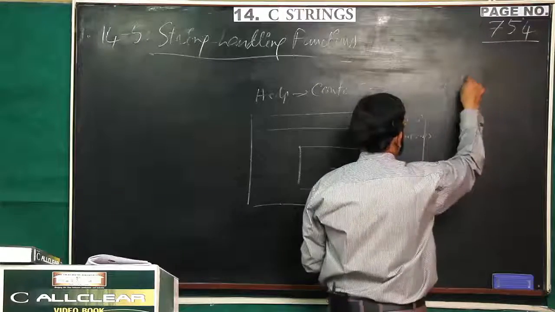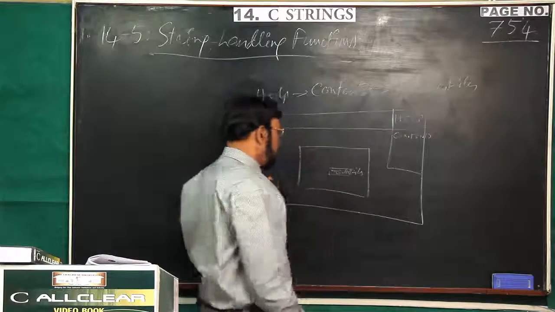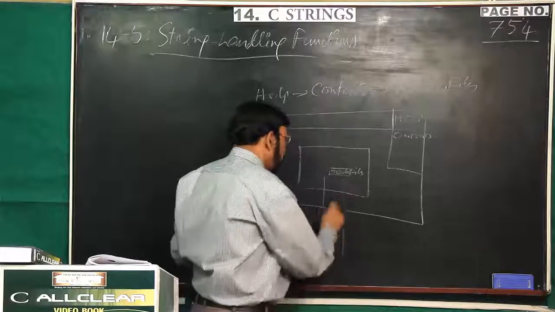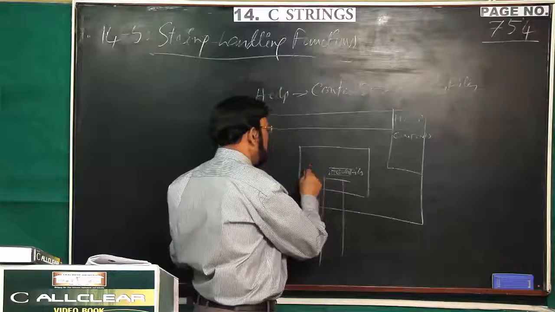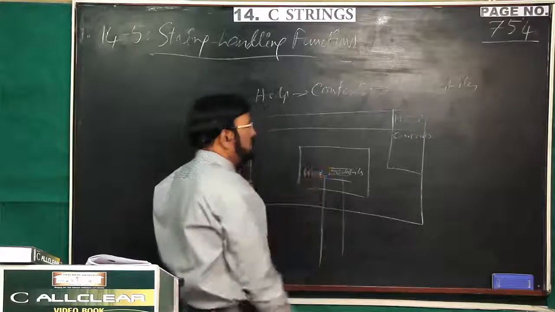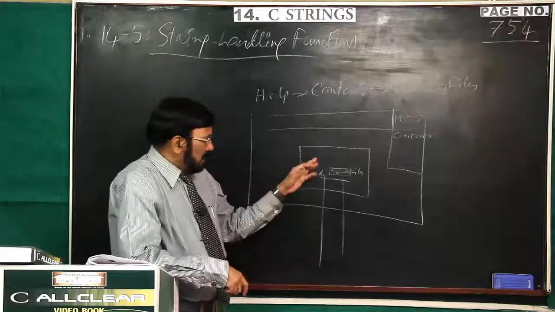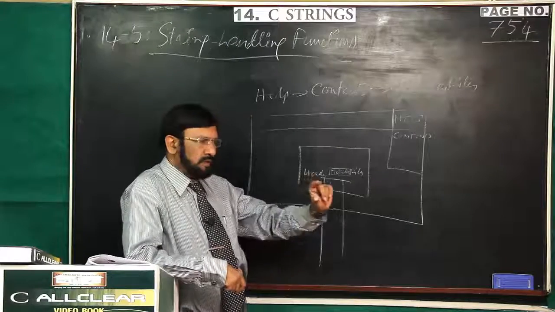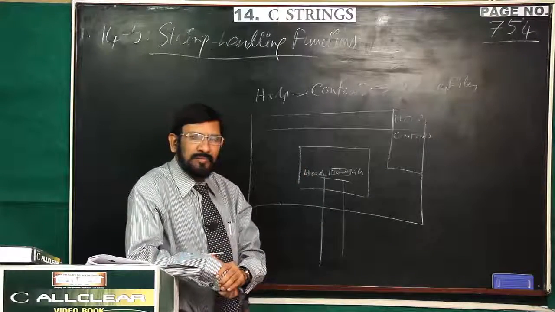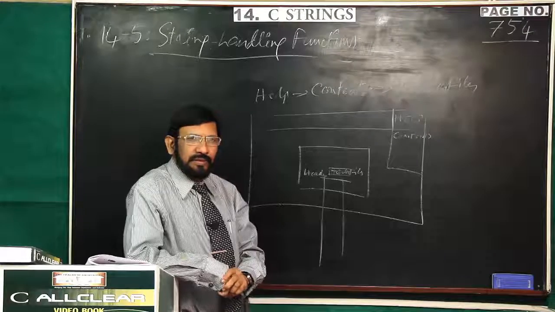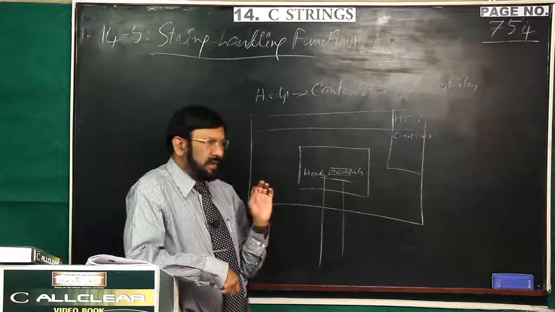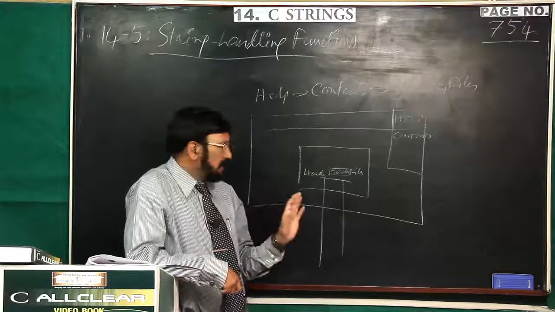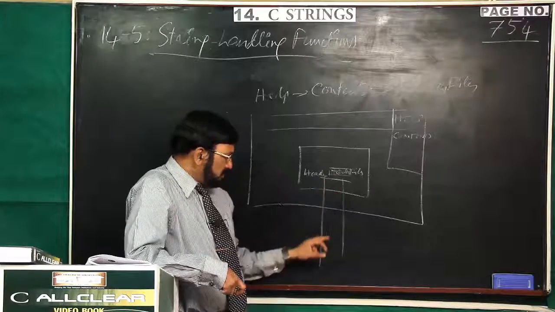If you click on that, you can find the list of all header files, in alphabetical order. And if you want to explore a particular header file like math.h, string.h, stdio.h, conio.h, time.h, then this is the right way.